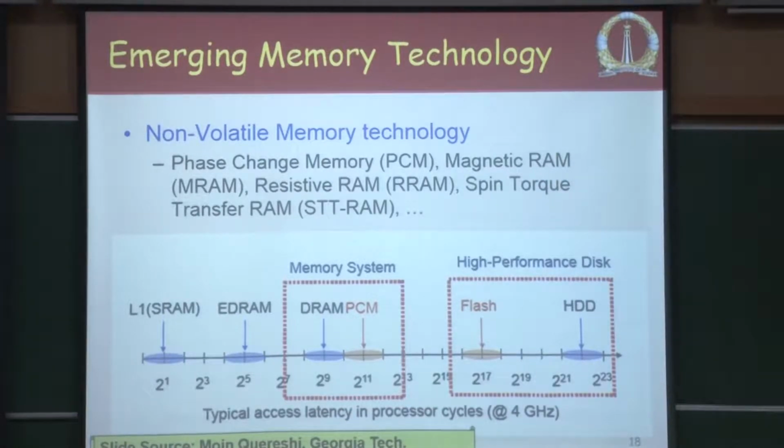Then of course, we have the DRAM main memory which we talked about, which would have access time in the order of few hundreds of cycles. Okay, here I have put 2 power 9, but it is anywhere from 2 power 8 to 2 power 10, depending on how fast your clock cycle is. So that is why this purple ellipse here shows what your access time could potentially be.